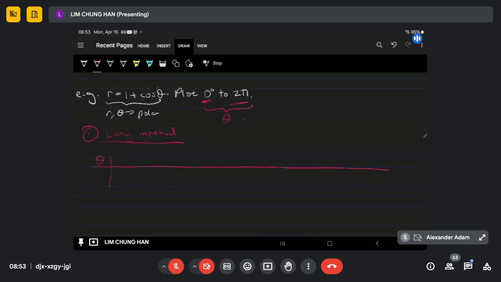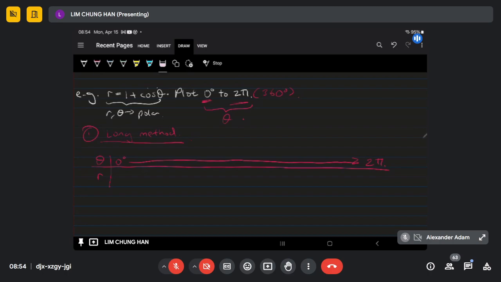So what that means is I want you to plot all the points for theta from 0 degrees all the way to 2 pi, or 360 degrees. 2 pi is 360. So when you plot, you put theta in, you should get r as an output. And then you just plot the points like how I taught you last time.